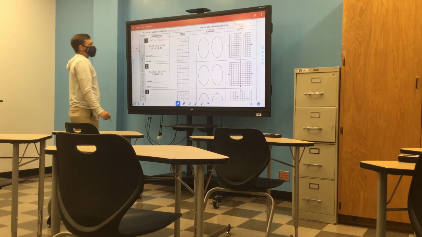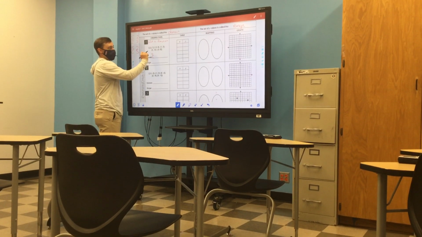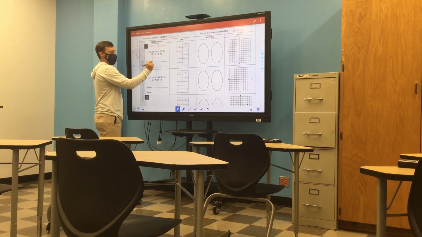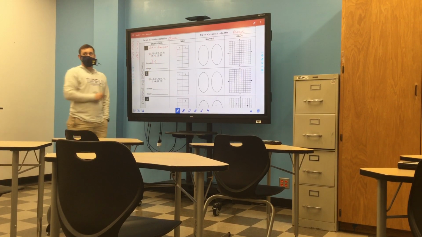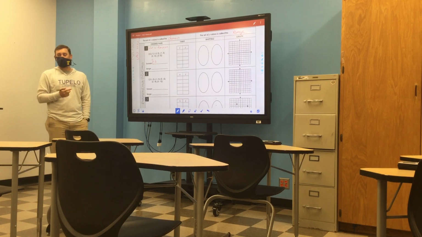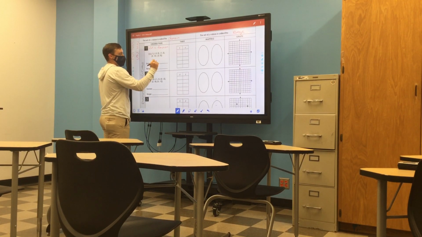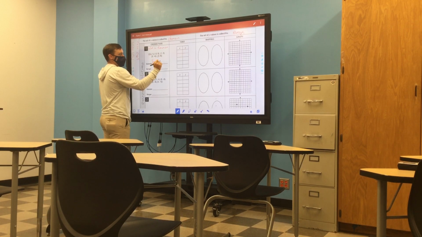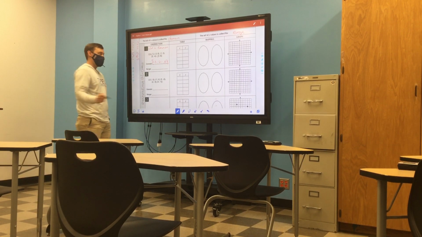Think about from smallest to largest. Our smallest x value is -3. We have that twice, so I only have to write it once. So -3, -2, 1, and 3. That's your domain, your set of x values.